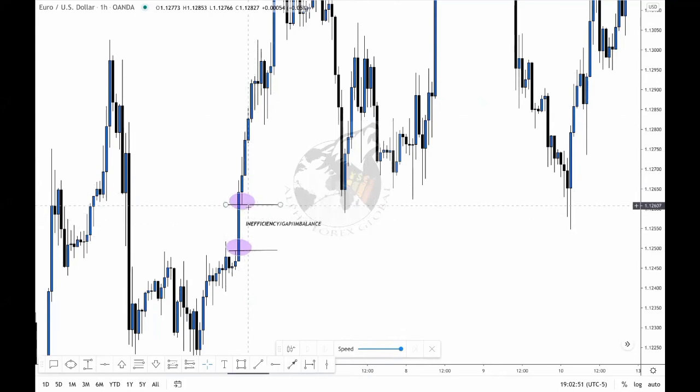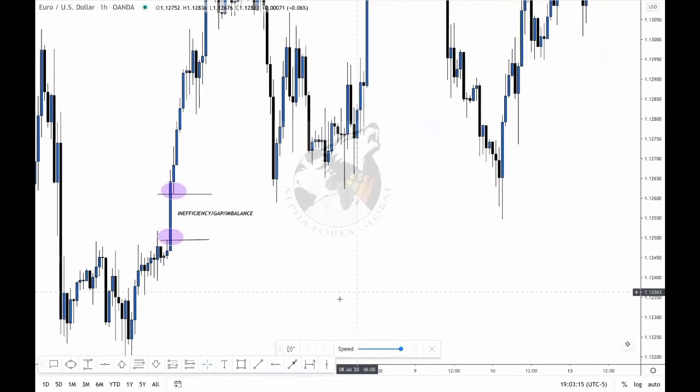Unlike other blocks where it can test the 0% and mitigate, or the 50%, with inefficiency it is ideal that the market fills 100% of the gap, or 50%, not the 0%. Once it hits right here, it is not filled.